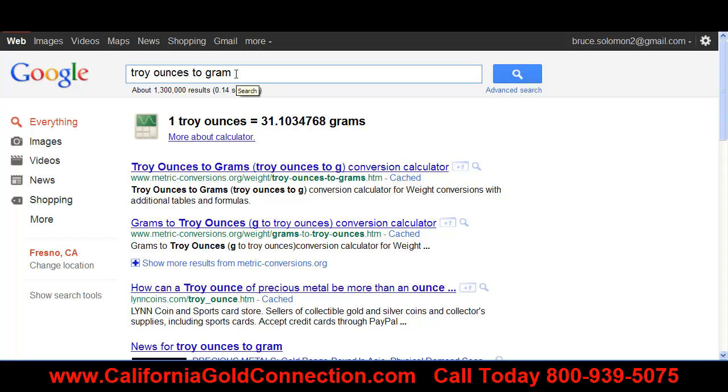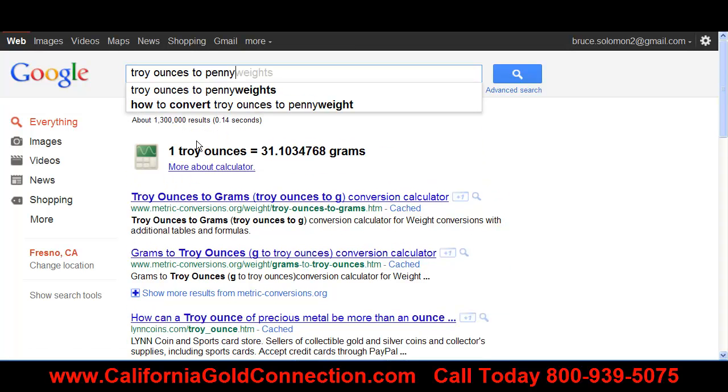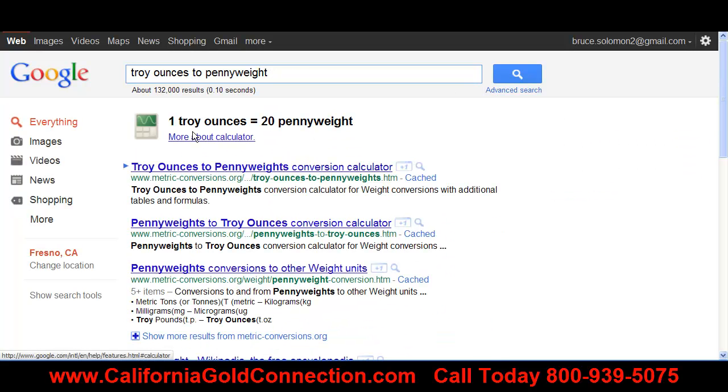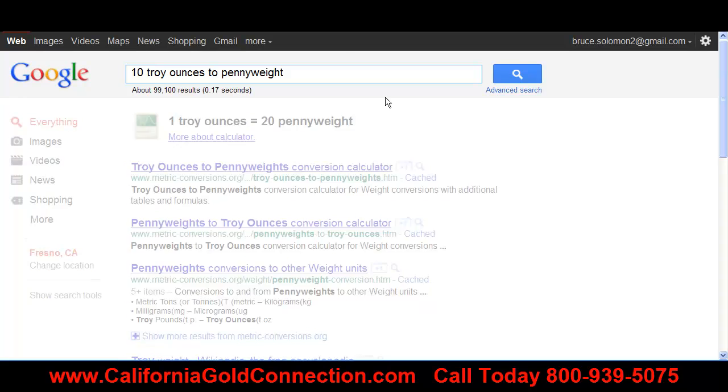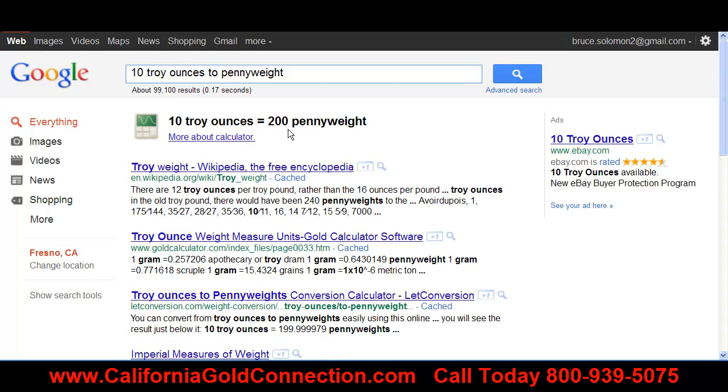Say you want to convert a troy ounce to pennyweight. There you go: 1 troy ounce equals 20 pennyweight. Now, if you have a certain amount of ounces and you're looking to convert it to pennyweight, all you have to do is type in the front of this, 10 troy ounces to pennyweight, which equals 200 pennyweight.